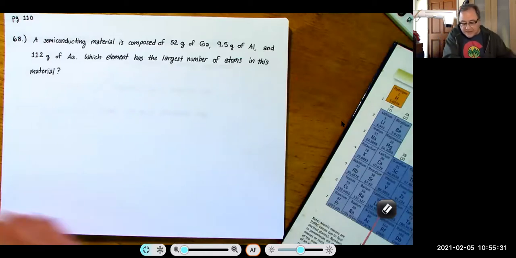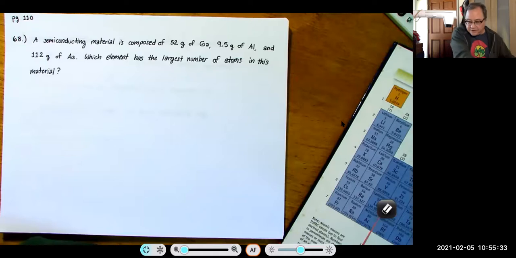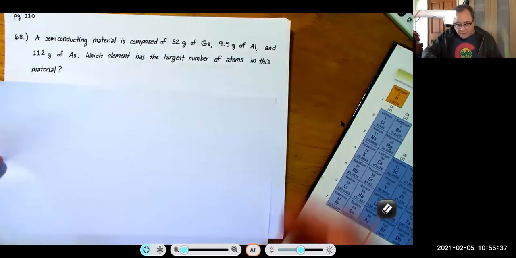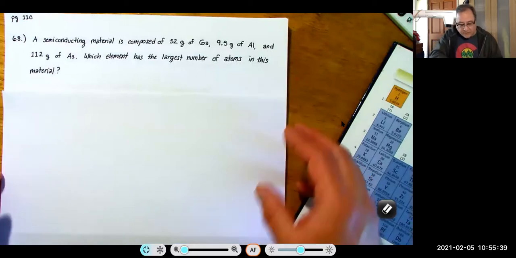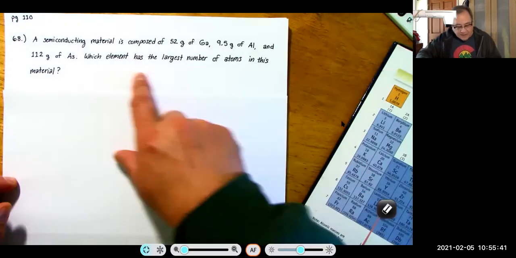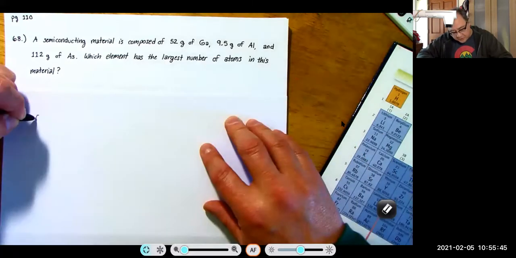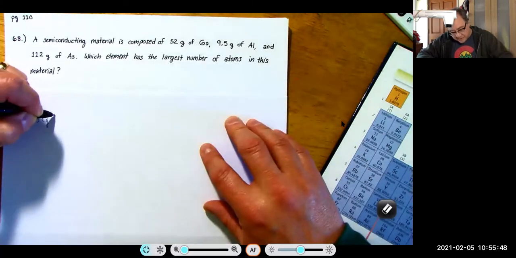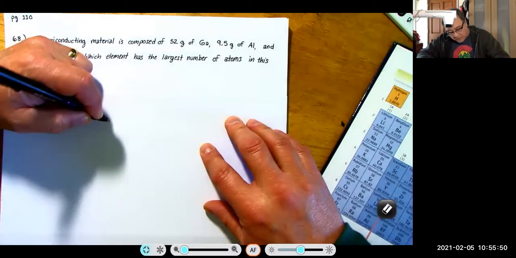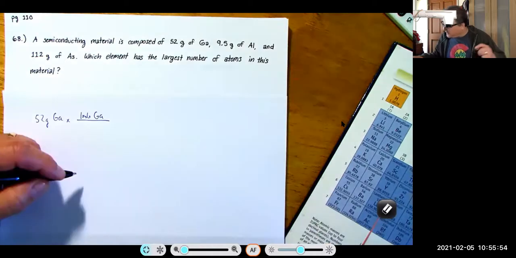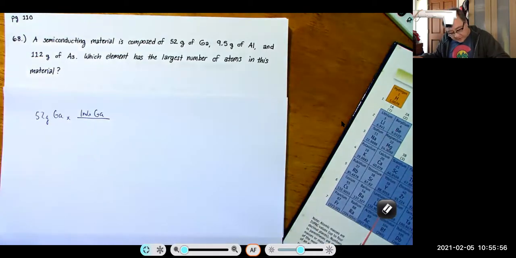A semiconducting material is composed of 52 grams of gallium, 9.5 grams of aluminum, and 112 grams of arsenic. Which has the largest number of atoms in this material? So one way to do it would be to take that 52 grams of gallium, multiply by 1 mole of gallium, and gallium has a molar mass of 69.72.